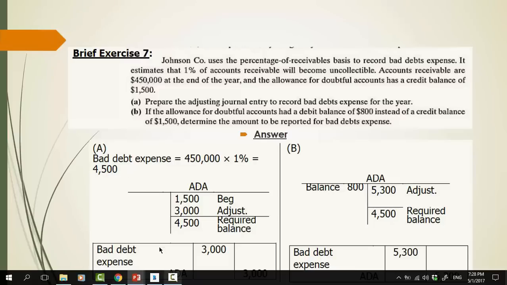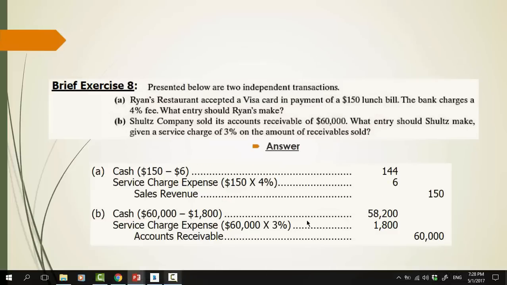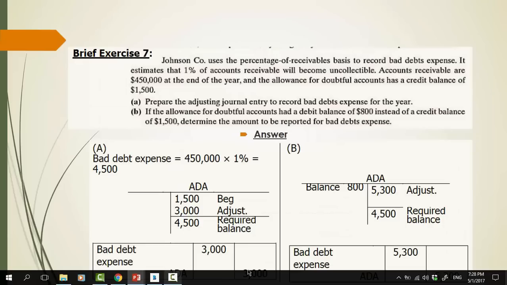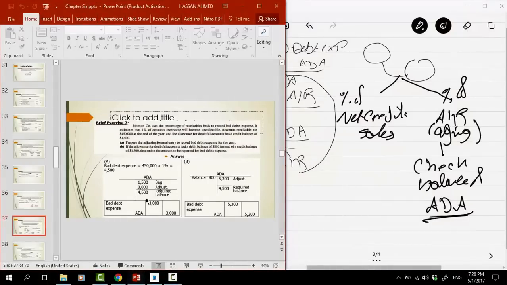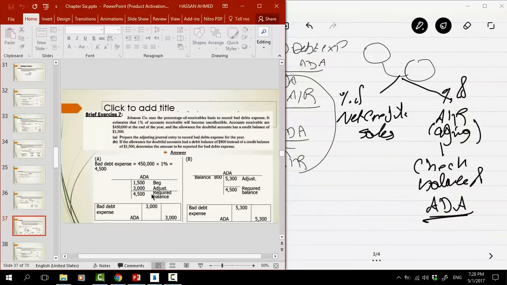But don't record this entry as bad debt expense and ADA unless you check first the balance in the ADA. The balance here was 1,500, and I want to reach a balance of 4,500. Then we must make an adjustment for $3,000.